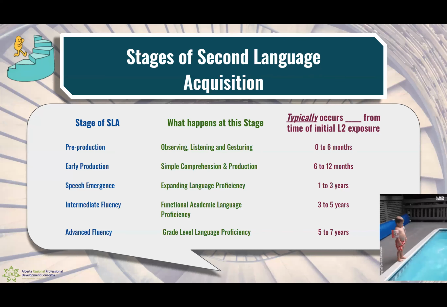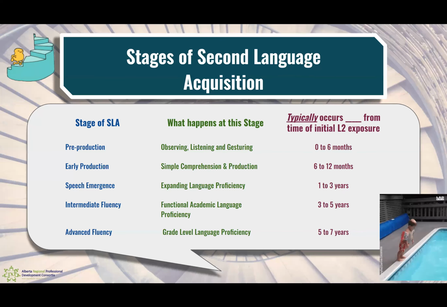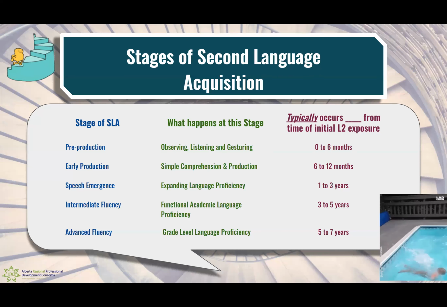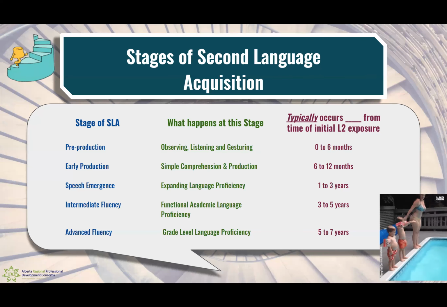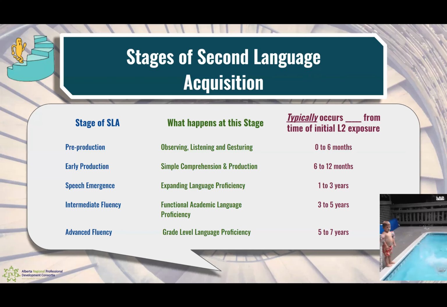And then there's the early production phase, so that they're doing some simple comprehension and production. They're starting to build in some more of that vocabulary, some short sentences and things like that. So about 6 to 12 months, and then slowly progressing through.